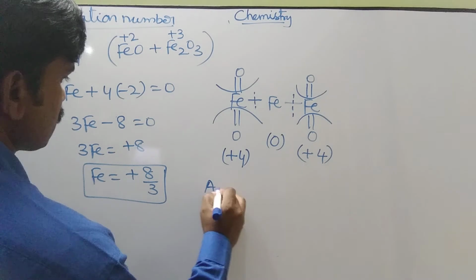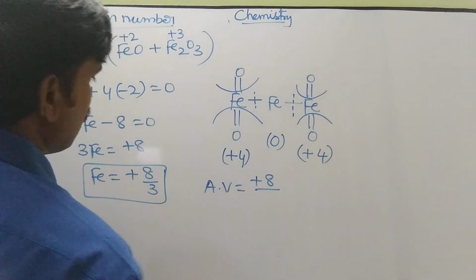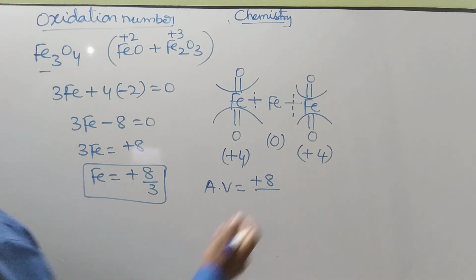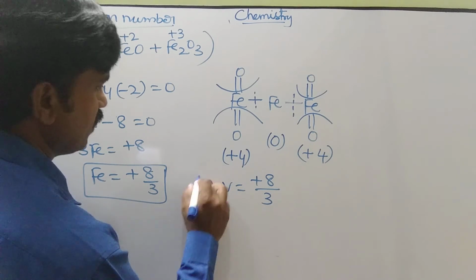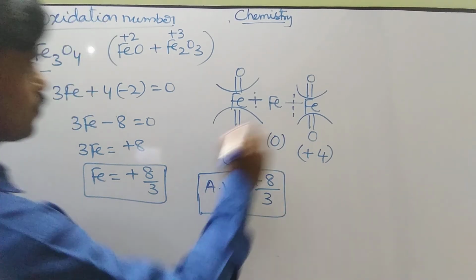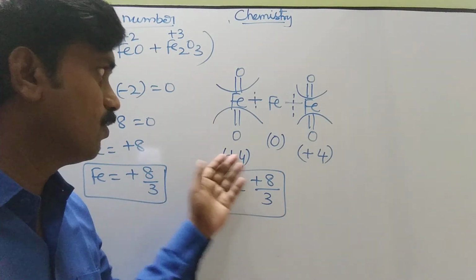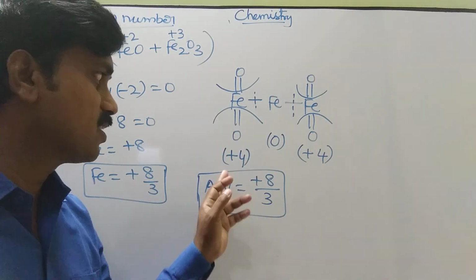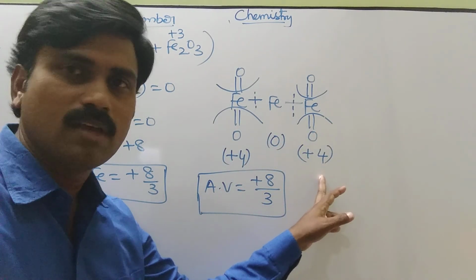Now the average oxidation state is equal to +4, +4, +8, divided by how many irons are sharing these values? Totally 3 irons are there. So +8 by 3. According to the structure, from left to right, the left side iron oxidation state is +4, the middle iron oxidation state is 0, and the right side iron oxidation state is +4.